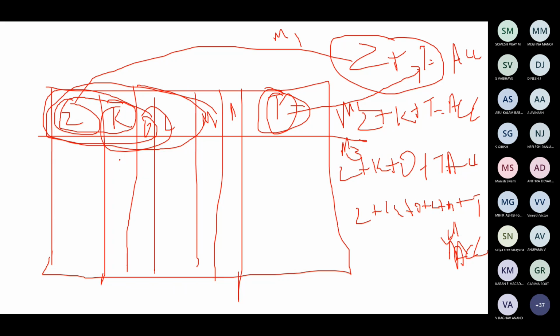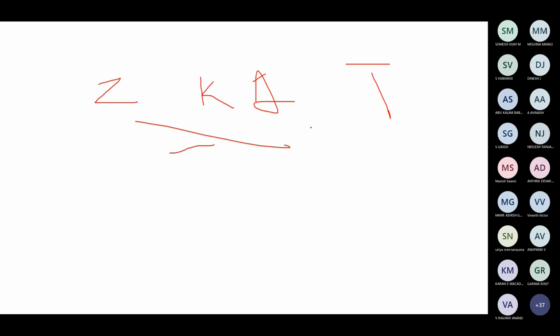Then whichever models are producing higher accuracies, say for example Z plus K plus T is producing very high accuracy, then you can take those subset features, Z and K plus the target variable, and keep them in the data set.